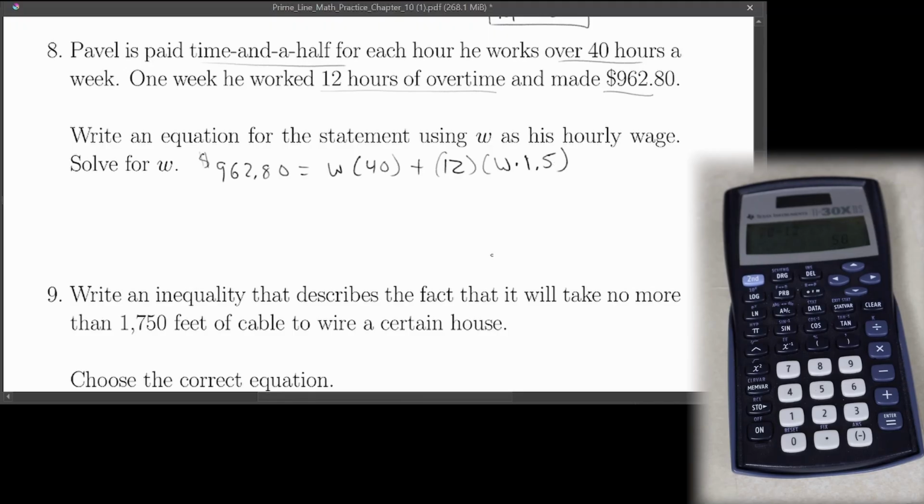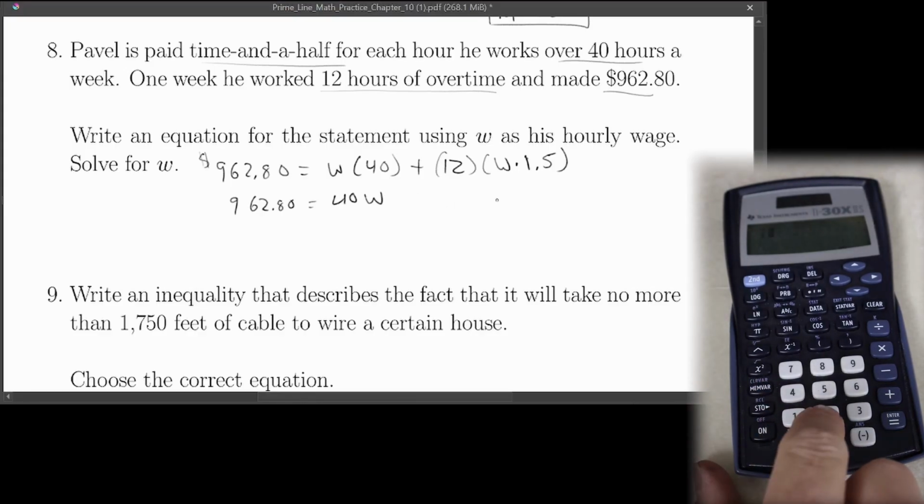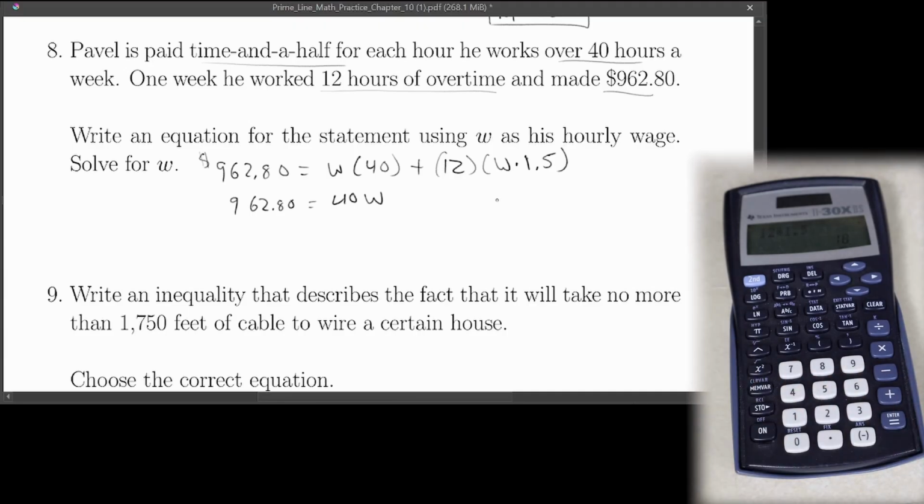And then we can solve for W. So we get 962.80 equals 40W. And if we take 12 times 1.5, that gets us to 18W.